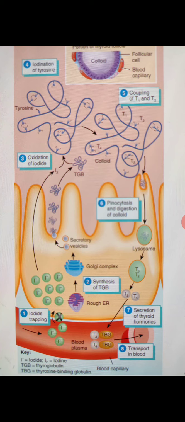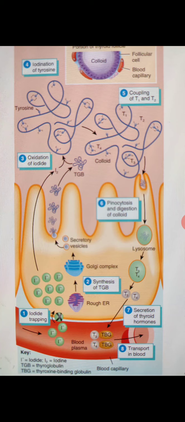Come to the fourth point, iodination of tyrosine. As iodine molecules form, they react with tyrosine that are part of thyroglobulin molecules.